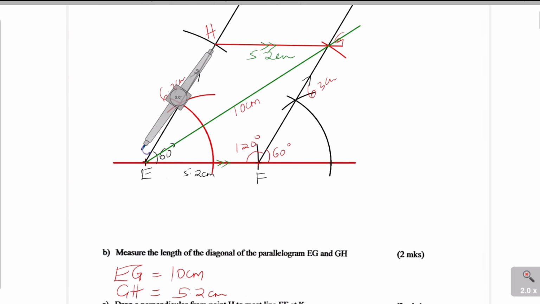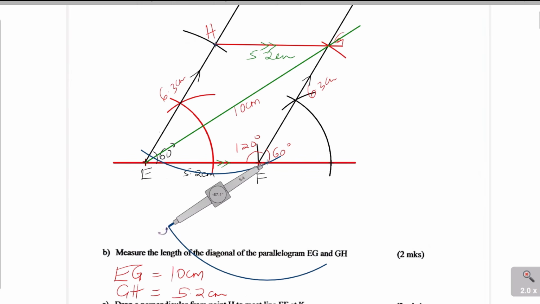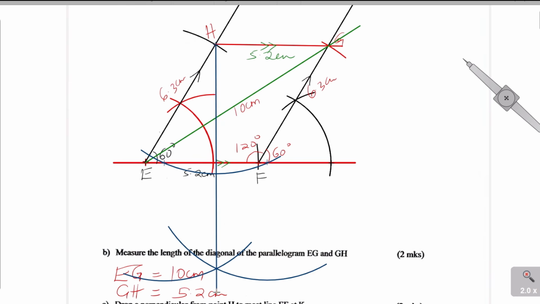Then you stand on these two points and mark with the same radius, cutting the arcs like that. Then simply draw a straight line from H to the point of intersection of the two arcs. So this is how we have dropped a perpendicular from H.